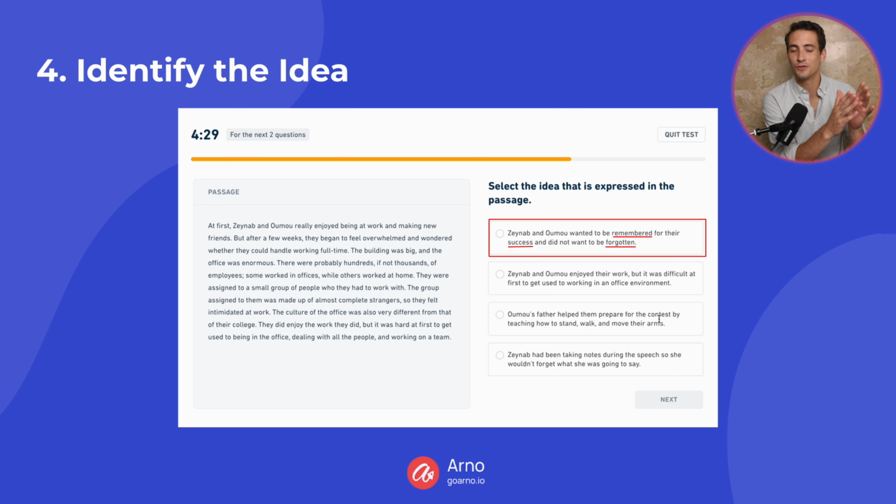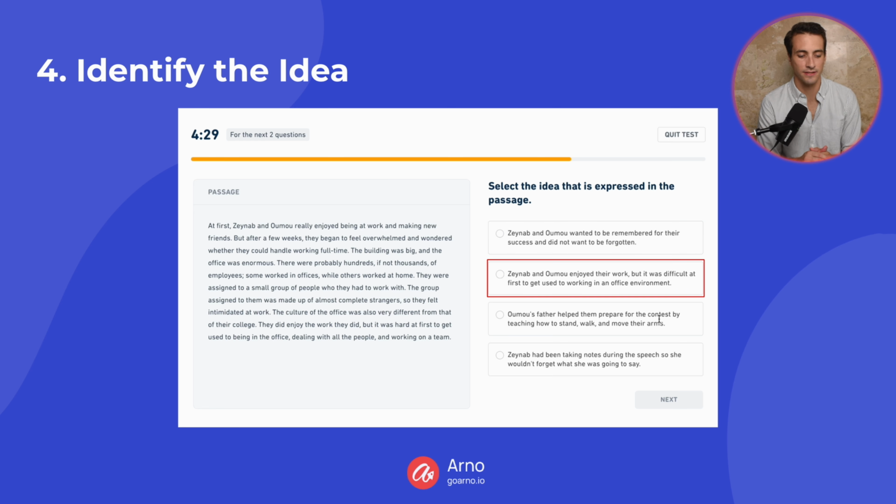However, you should always read the option, understand it, and think whether the passage actually captures or expresses that idea. So we can see that at no point in the passage does it talk about how Zainab and Omu want to be remembered for their success and not be forgotten. The passage has nothing to do with that. So we can eliminate that option.